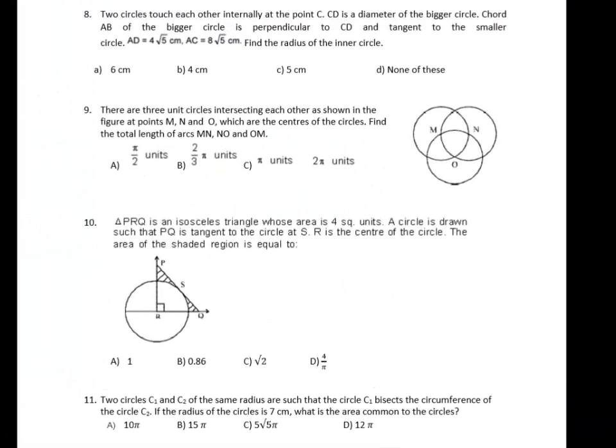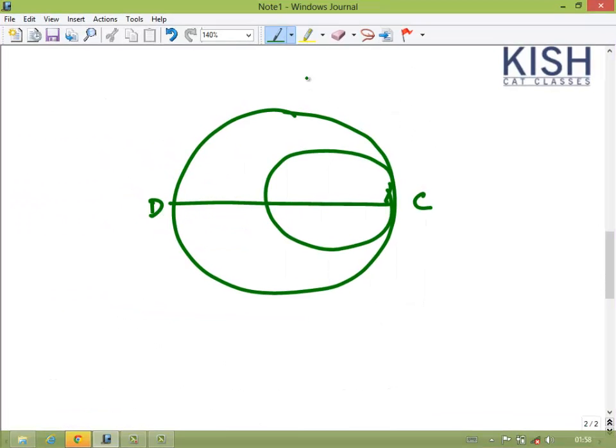Chord AB of the bigger circle is perpendicular to CD and tangent to the smaller circle. That's it, it is clearly given. This is the chord AB, perpendicular to CD, so I can write this point as E. Its chord is also bisected. AE equals EB, clearly given.